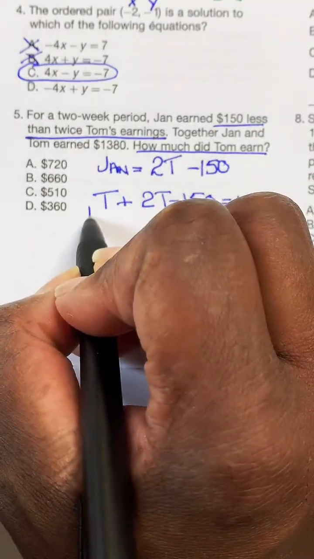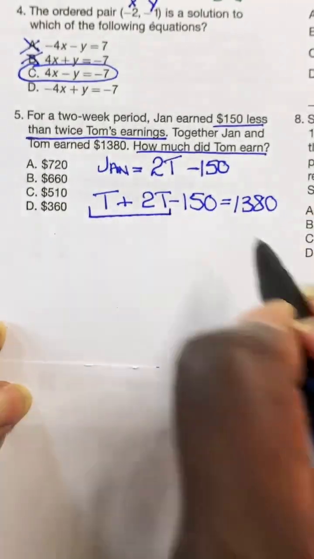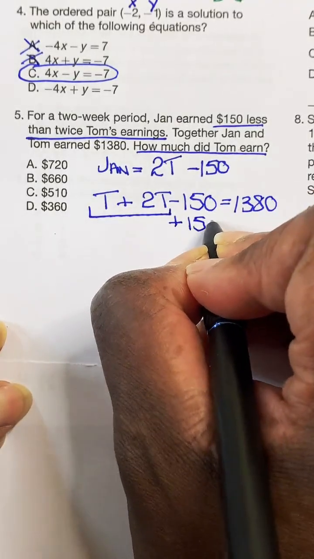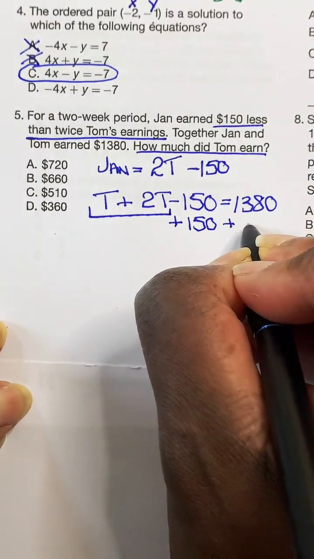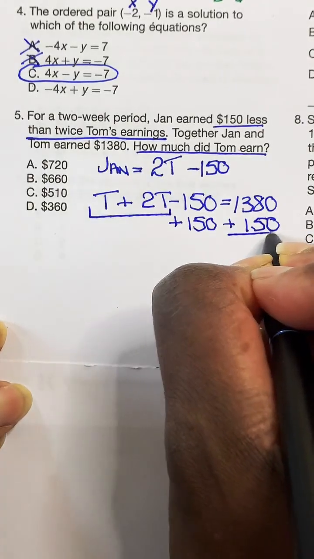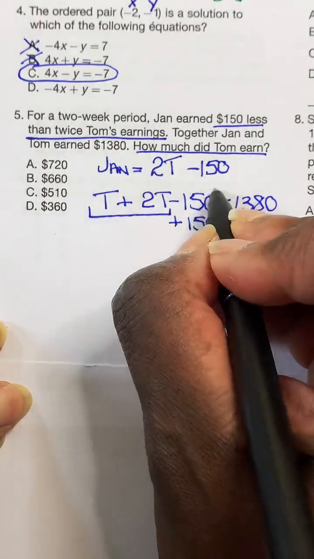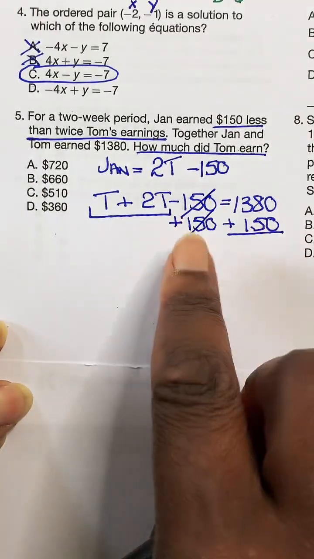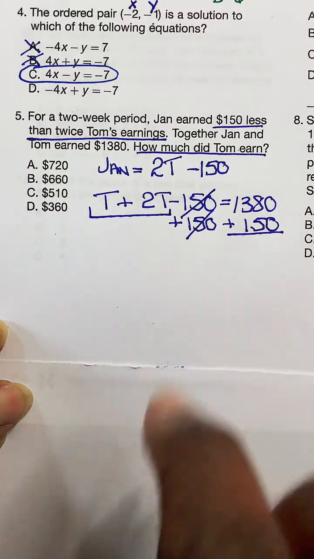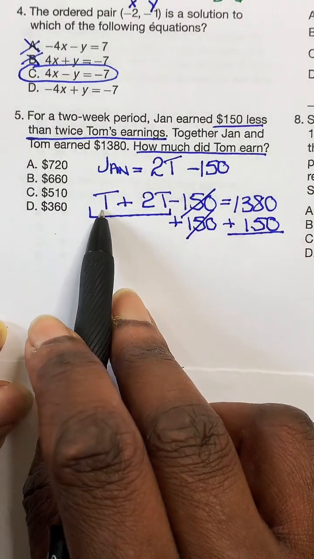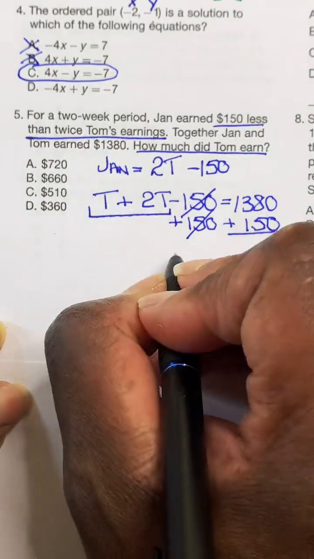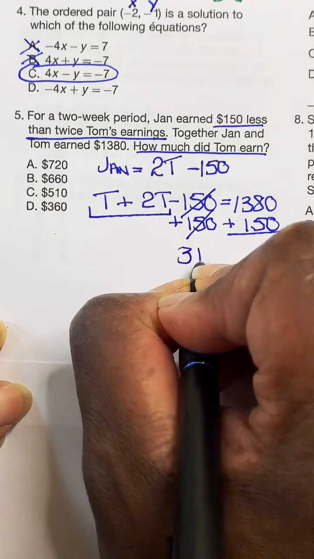So now we combine our like terms, and we can also add 150 on both sides, because we want to isolate our variable. Whatever I do on one side of the equal sign is the same on the other side. So now I got 1 Tom plus 2 Toms, that will give me 3 Toms.